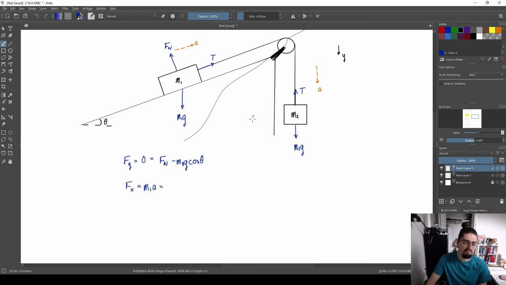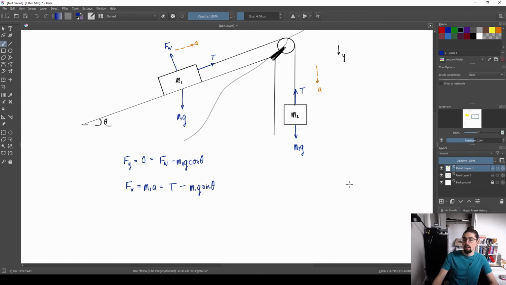I want to just make an assumption, and let's see if it works, and if it doesn't, then what I'm going to find is a negative answer. If it goes the other way, then acceleration is negative, and we say, okay, not a big deal. We've got the right number, just the wrong direction. So I look at all my forces going in the x direction. I have the tension pulling me to the right, and I have the x component of gravity pulling me to the left.